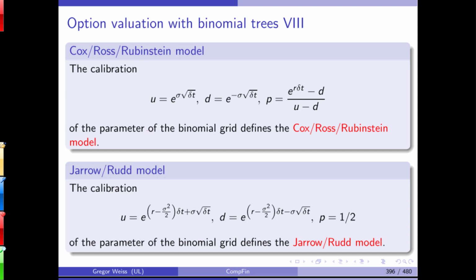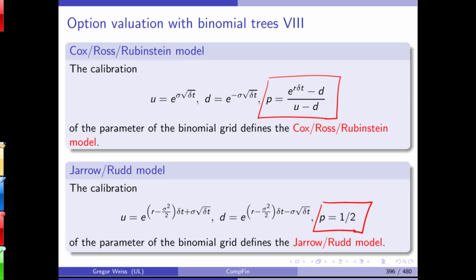It's the calibration that uses the risk-neutral probability p here, and it uses u equal to the exponential function of sigma times square root of delta t, and u is equal to 1 over d. If you start the other way around, and you take p to be equal to 1/2, so it's a 50-50 chance of going up and going down, then you get the Jarrow-Rudd model.